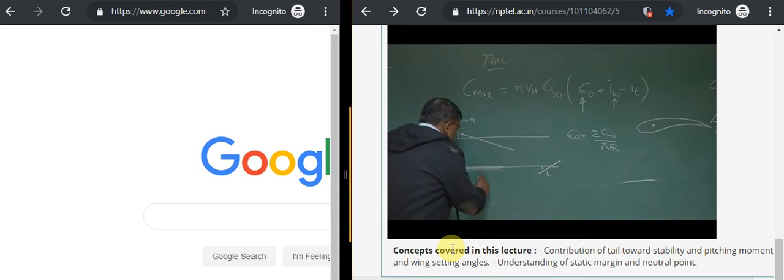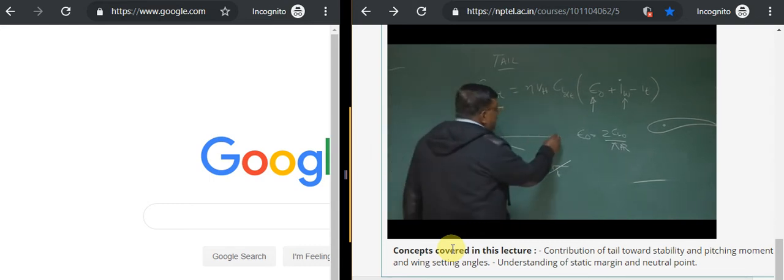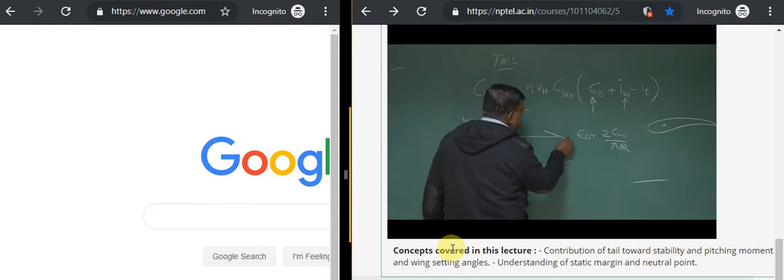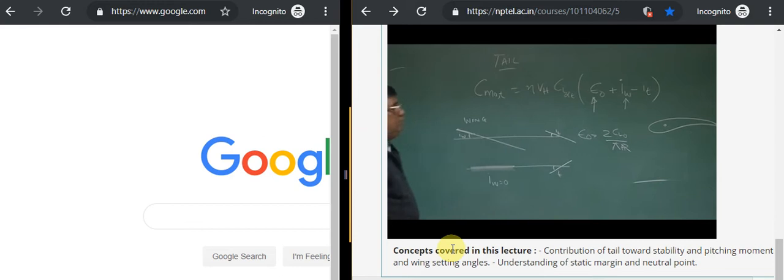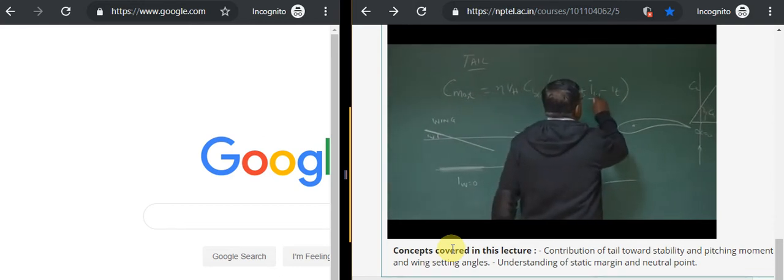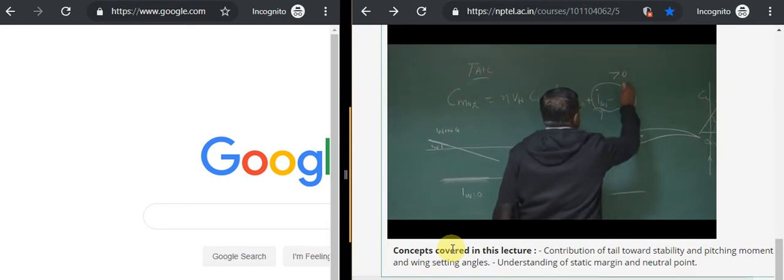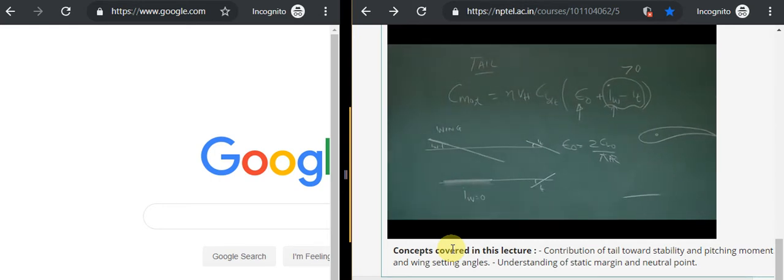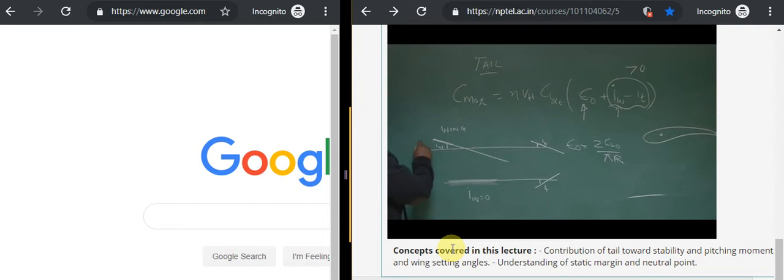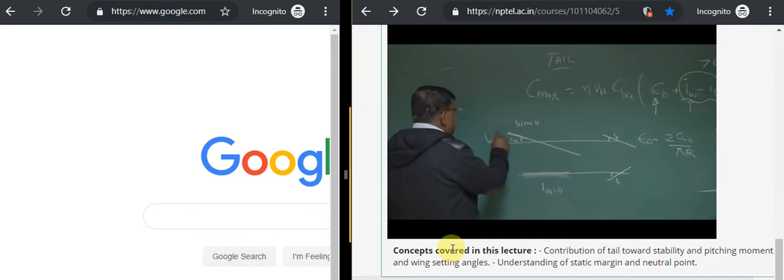Okay. But the question comes, you can still get Cm naught positive if you put It positive. Okay. How is it possible? As long as this difference is greater than 0, you will get a positive Cm naught because of the tail. Suppose Iw is 3 degree and It is 2 degree.